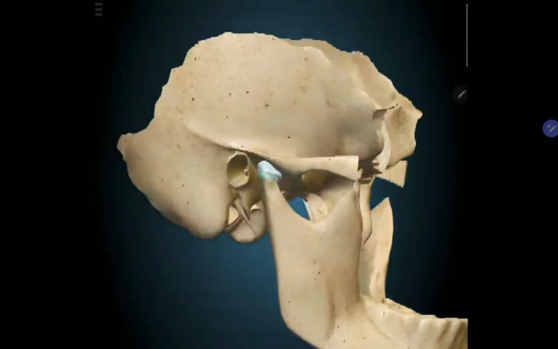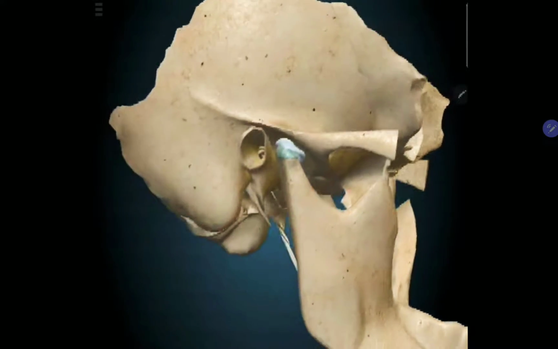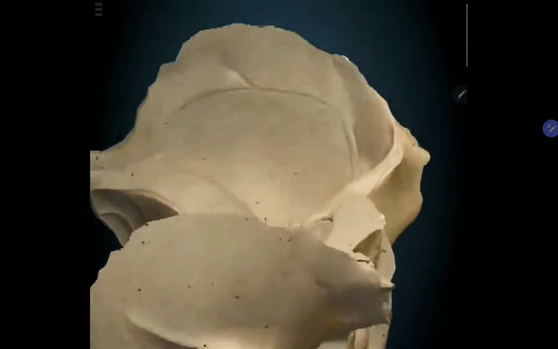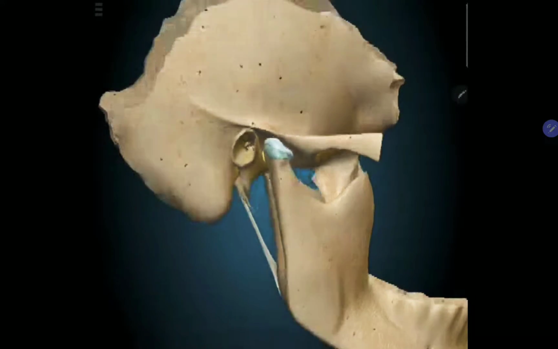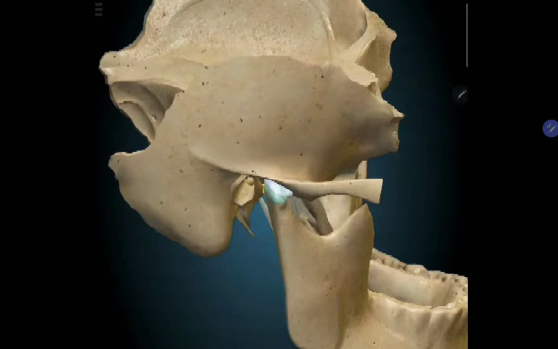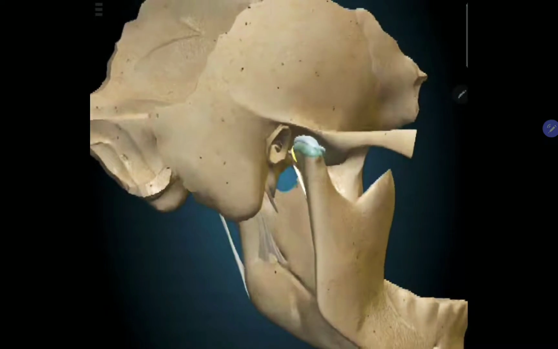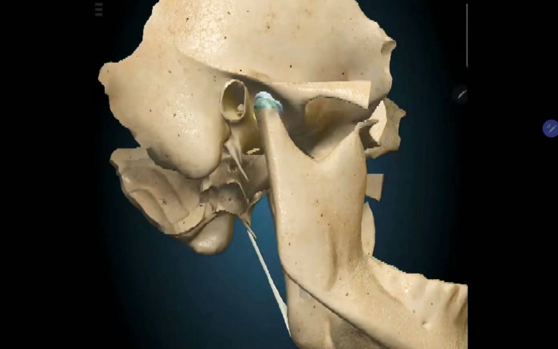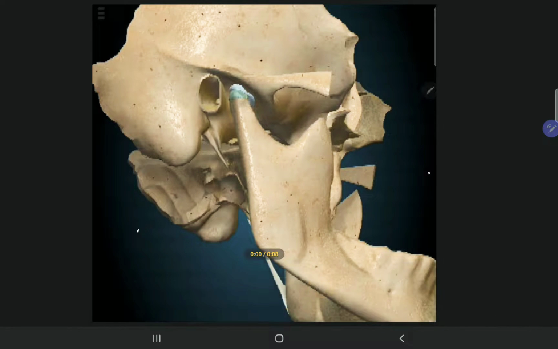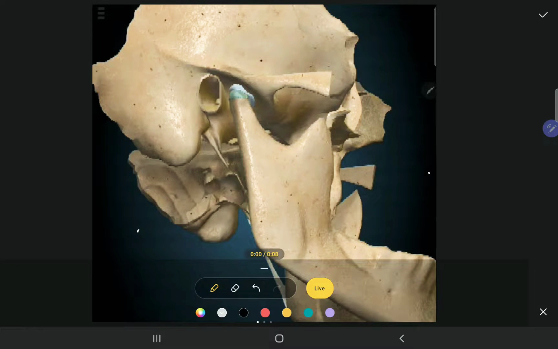So, the articular disc, there are three zones: the posterior band, the intermediate zone and the anterior band. At the rest, at the mouth opening the intermediate zone is interpositioned between the condyle and the fossa. So, this particular situation is when the person is at rest.